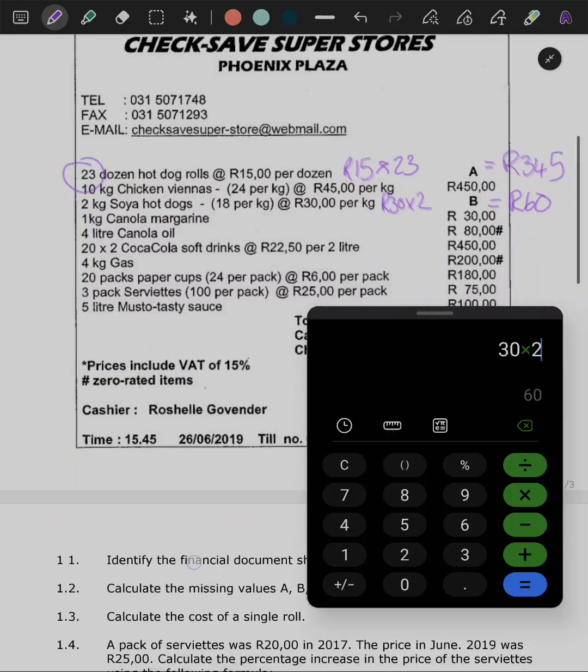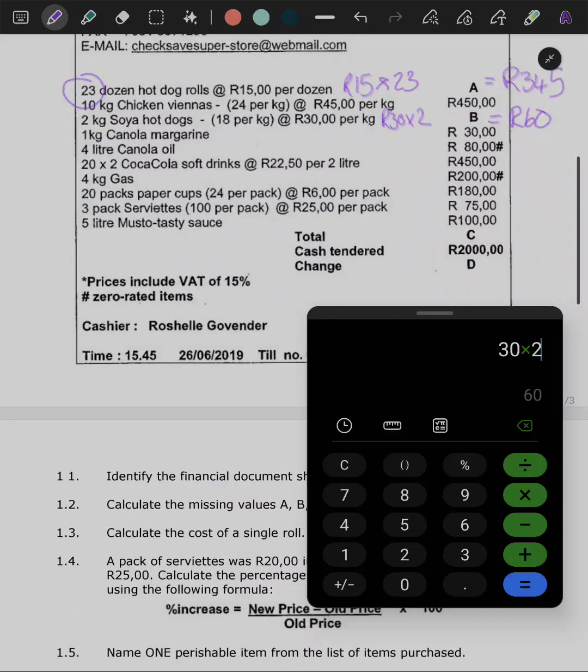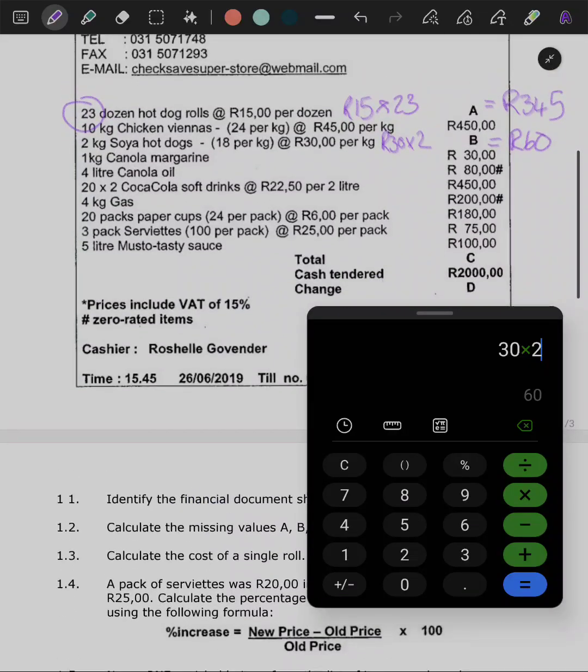Okay, if we move along there, then we're going to look for C, and C is the total. So total is just adding up. Now the important thing with this, because normally when you're answering this it would be on an answer script or in your workbook, is that you don't forget to also add in the A and B values, because when they worked out the total for the till slip, they used all of these values, so you must add all of them together.